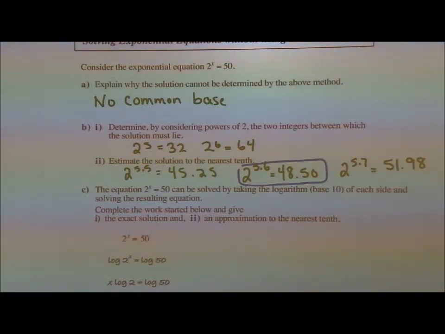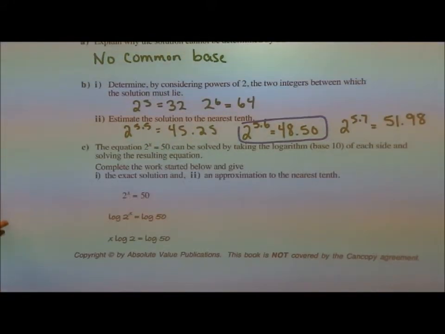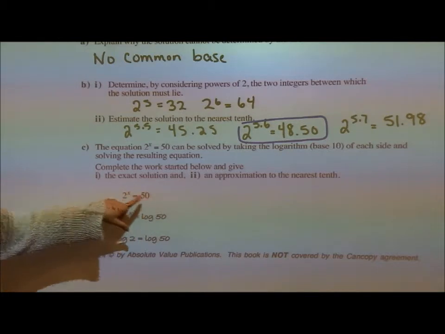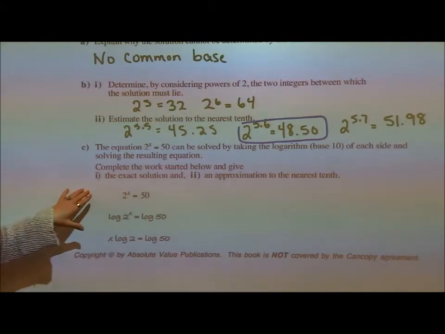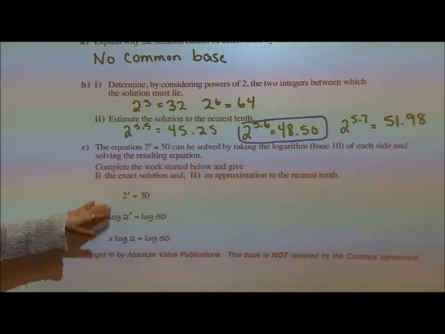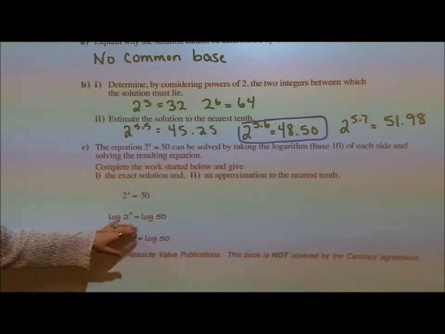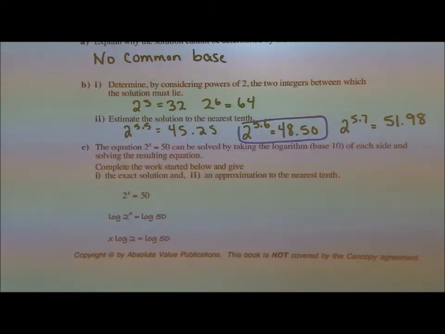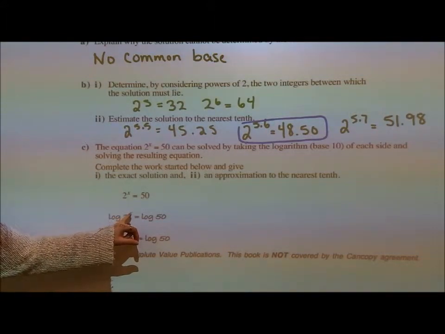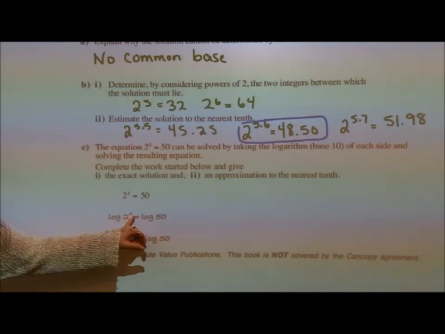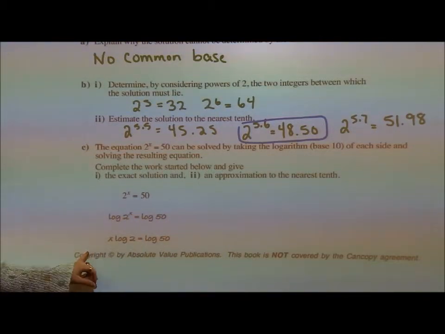And what we can do is we can use the idea of logarithms. So what I can do is I can take this equation, 2 to the power of x equals 50, and I can take the logs of each side of them. So if I take the log of each side, I get log 2 to the power of x equals log 50. My power rule said that I can take this power of x and bring it out in front.